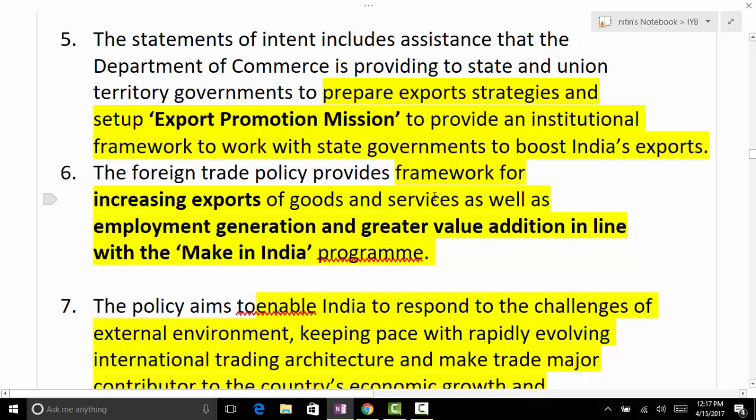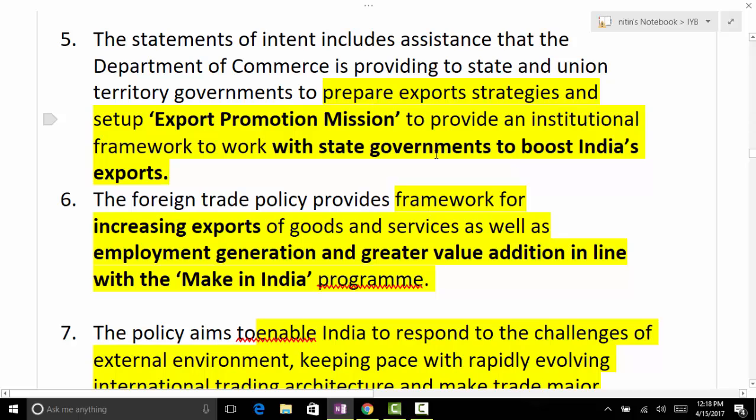So set up export promotion missions to provide an institutional framework to work with state governments to boost India's exports. So this is how this foreign trade policy component relies on or strengthens further cooperative federalism as well. Right?